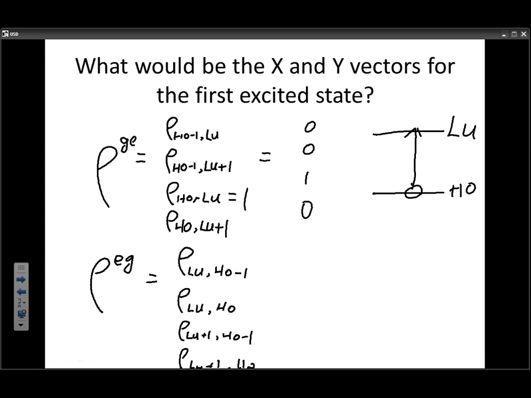For the absorption, the electron is promoted from HOMO to LUMO. All the components are zero.